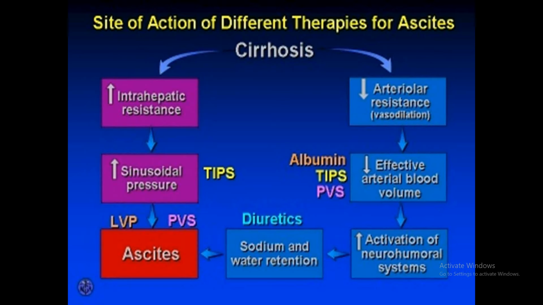The first step is, number one, reduce the sodium of the patient. The water intake should be reduced. Thirdly, the diuretics should be given. The diuretic may be loop diuretics or it may be the potassium sparing diuretics. It may be aldosterone receptor antagonists, etc. There are many drugs which we use.